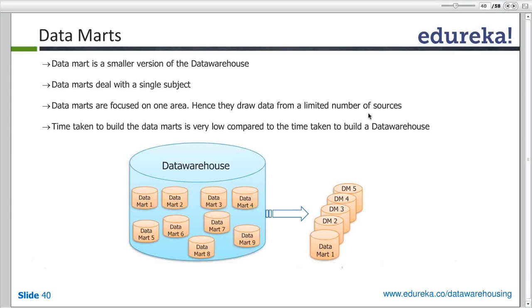But a data mart is a very specific, smaller version of a data warehouse where we will have data from a specific department. To explain this, let me take an example. Let's say we have a manufacturing enterprise which has different departments.